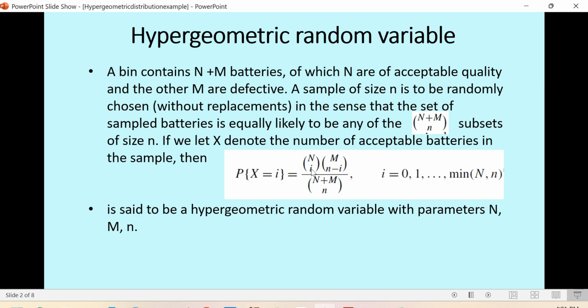So this multiplication is the total number of combinations for selecting i positives from n, right? Then this division is the probability of selecting the number of positives equal to i. So i can be 0, 1, 2, up to the minimum of n and N.